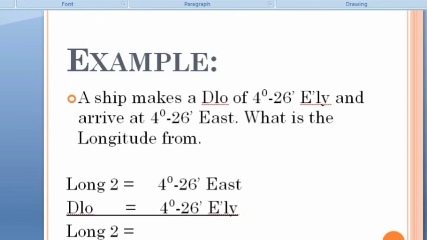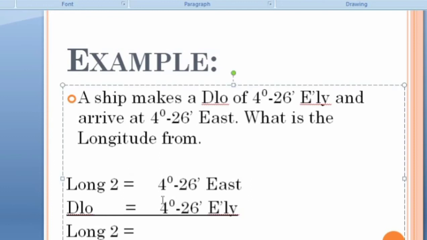So where did the ship come from? In this example, we are going to subtract the value of the difference of longitude because we have the same, so we have east and we have here the easterly direction, right?